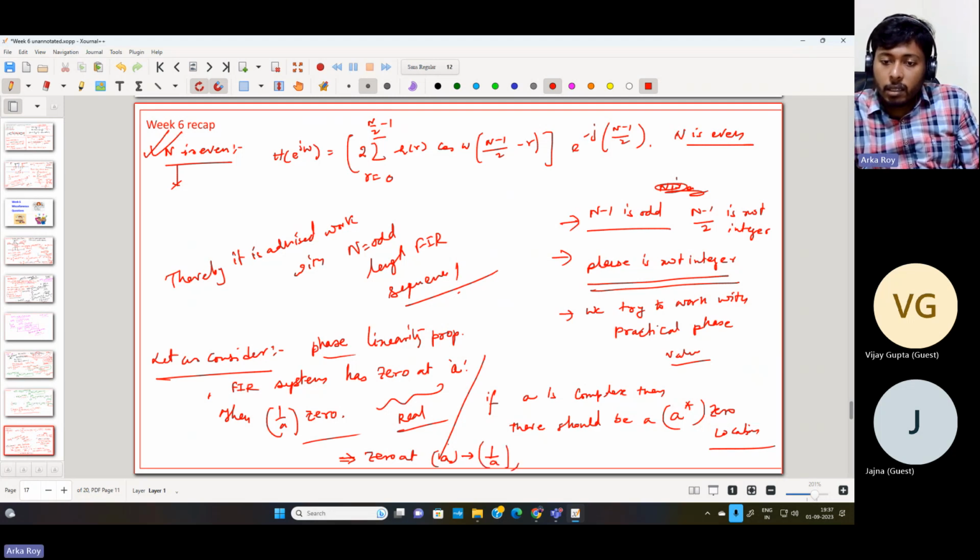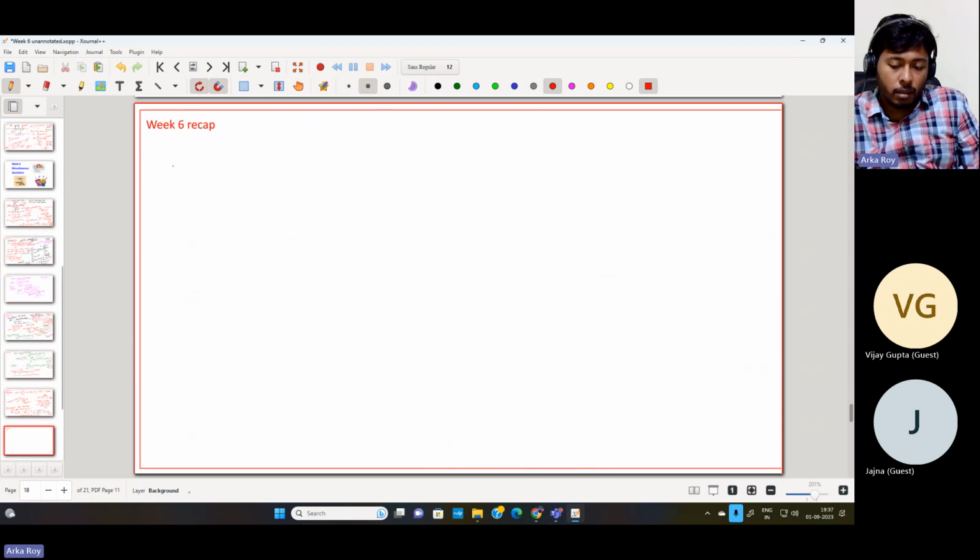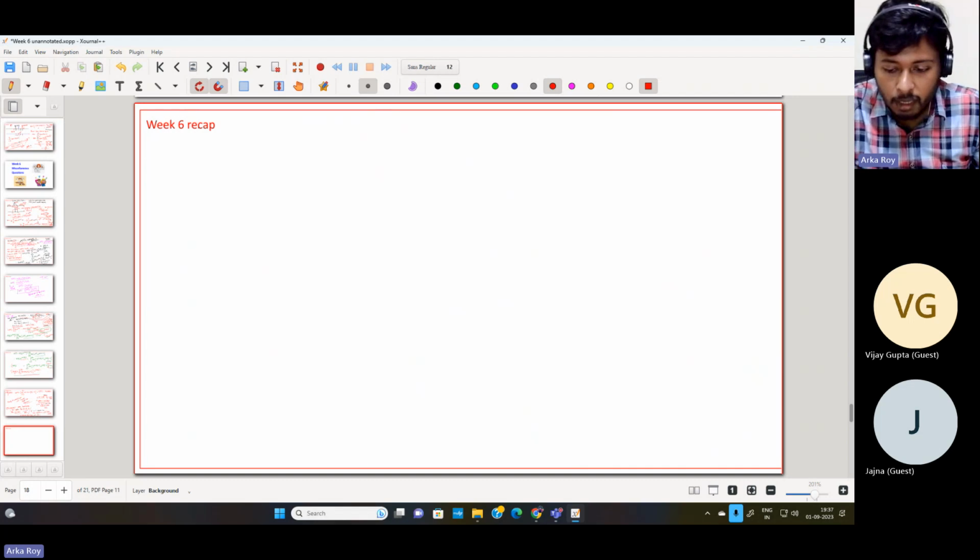Additionally, because we have considered that A is a very general number, let us consider it to be a complex number. So there should be an A star. And again, as I'm getting an A star, I should get a reciprocal component also. So the 0 locations could be A, 1 upon A, A star, and 1 upon A star. In the case of linear phase FIR filters, the 0 locations could be A, 1 upon A, A star, and 1 upon A star.